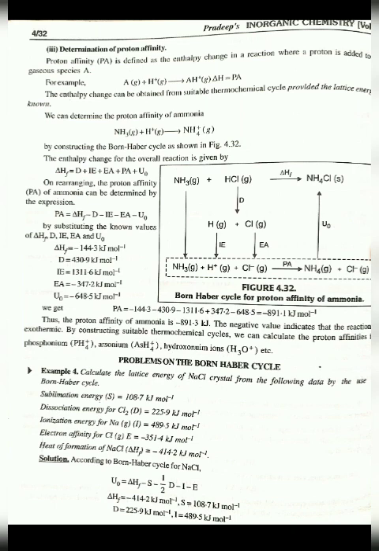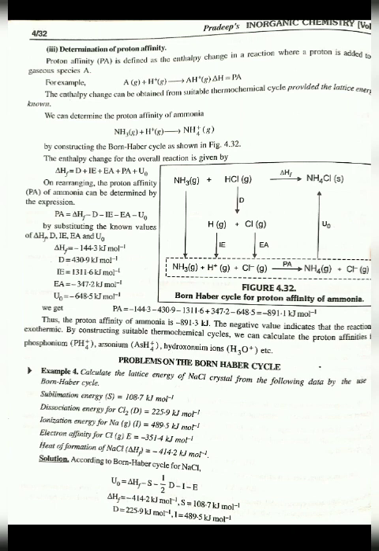Delta HF is equal to minus 144.3 kilojoule per mole. D is equal to 430.9 kilojoule per mole. IE is equal to 1311.6 kilojoule per mole. EA is equal to minus 347.2 kilojoule per mole. UO is equal to minus 648.5 kilojoule per mole.